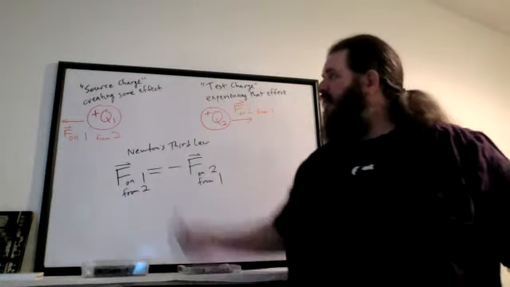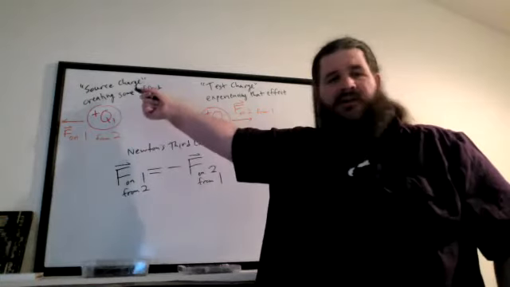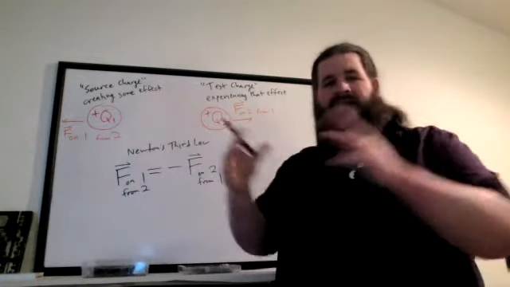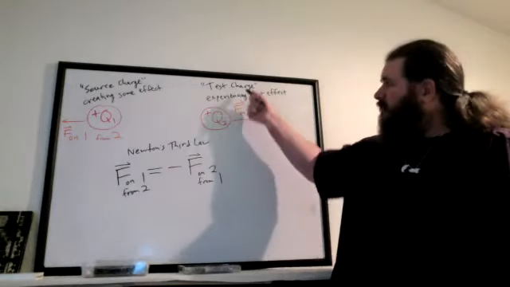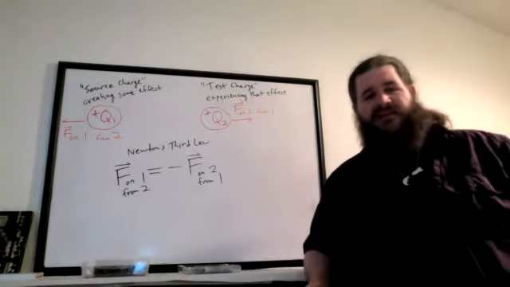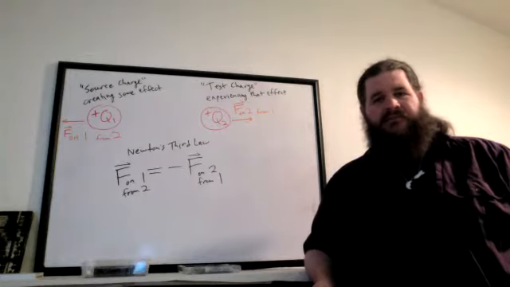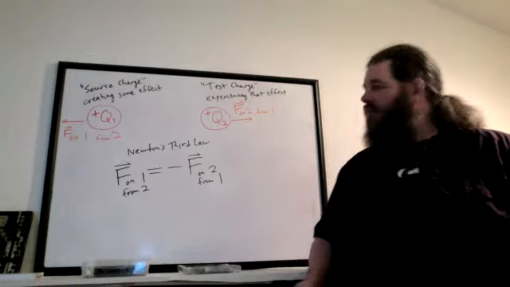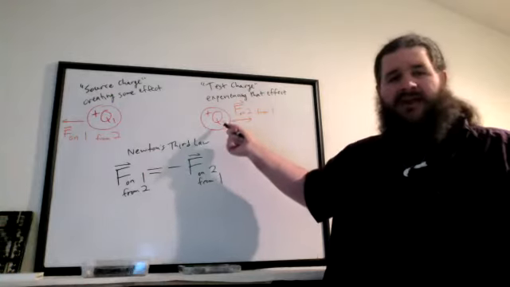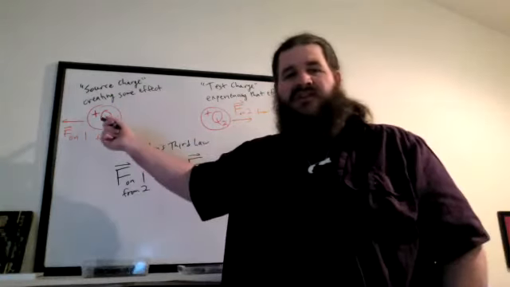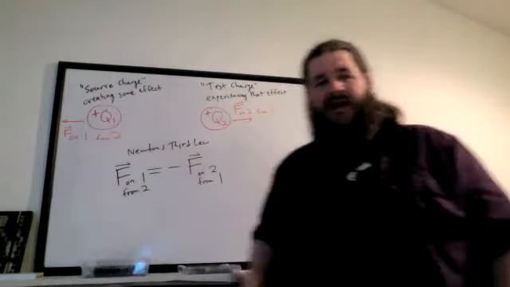We're going to treat this as if one of the objects, which we'll call the source charge, is creating some influence in the space around it. And the other object, which we're going to call the test charge, is experiencing that influence. And this is completely symmetric. We could instead treat this charge as the source creating some effect, and this charge as the test object that's experiencing that effect.